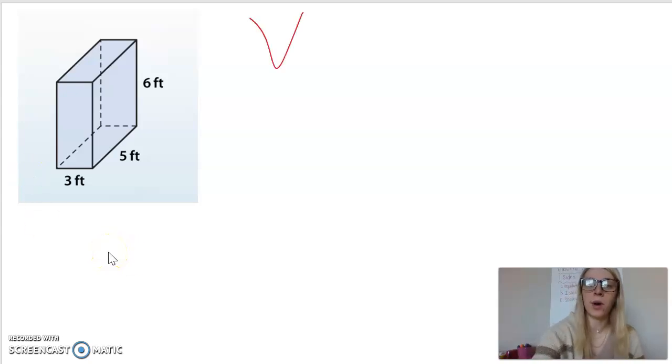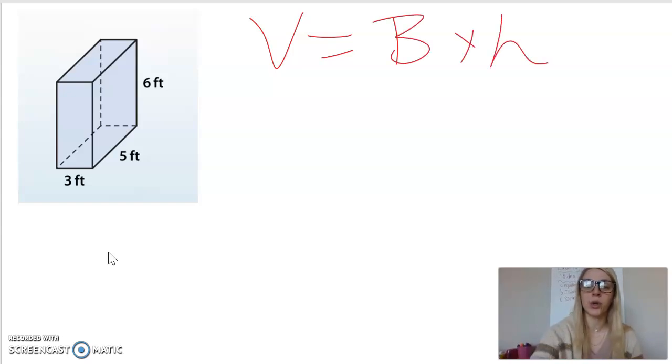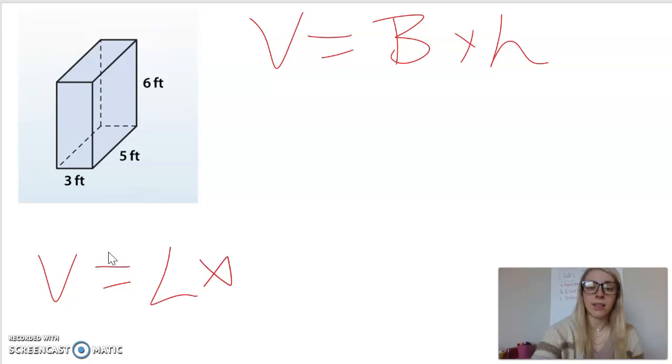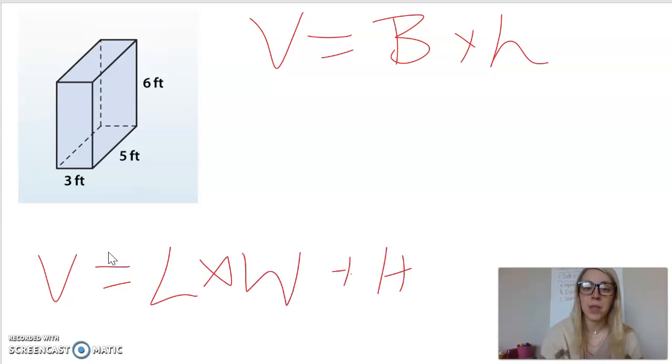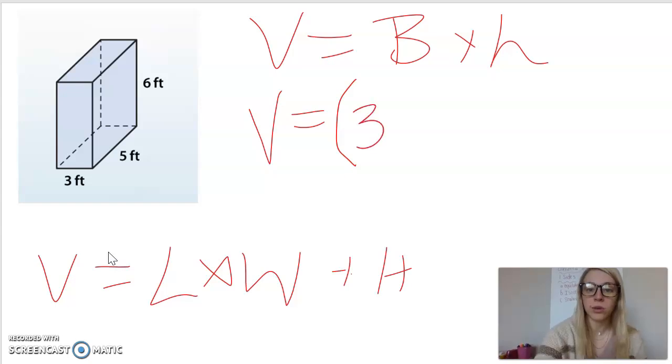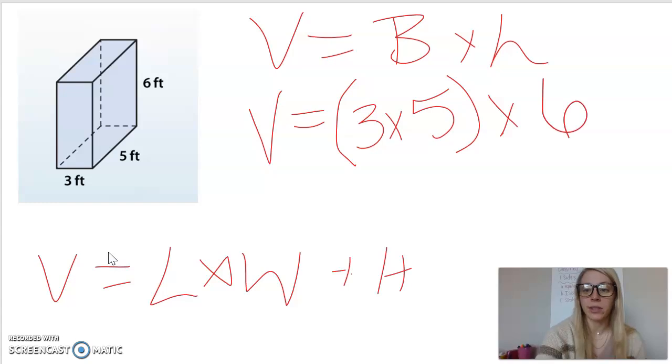So for this one, I want us to do the base area times height, and then we're going to do the length times width times height. So 2 different ways, okay? So we're going to rewrite our equation. Volume equals 3 times 5 multiplied by our height of 6.